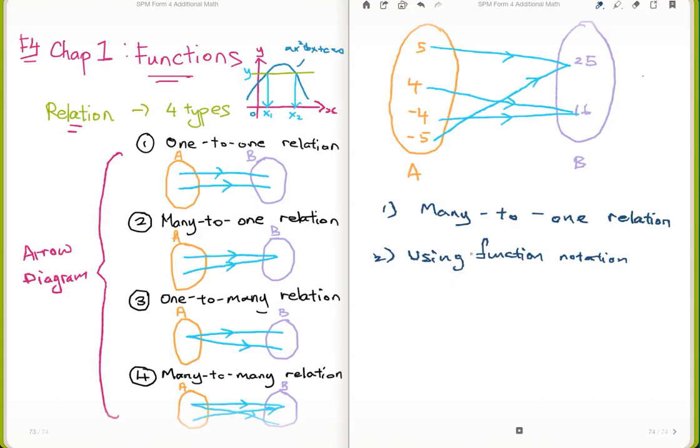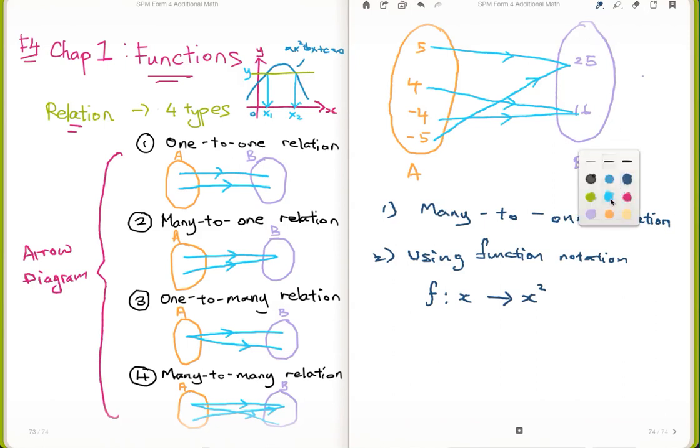If A is a set of numbers mapped to B, therefore f, a function of x, is being mapped to y, which is x squared, where my x is here. This side over the left is the x. This side will be the x squared.